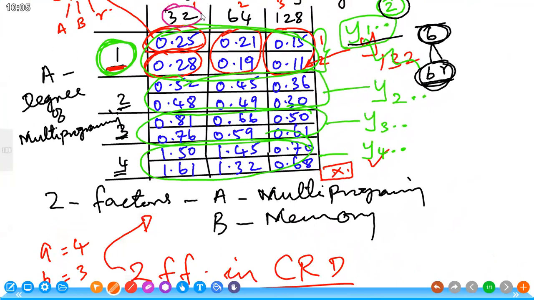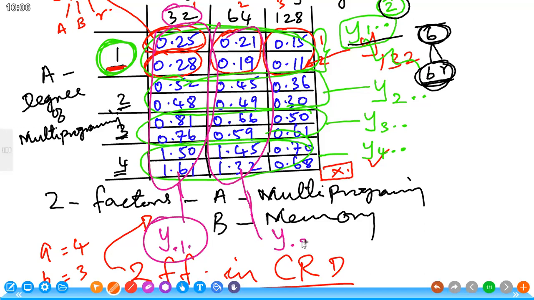First level of factor B is that. So we are adding across this. So this is actually y dot 1 dot. If you add this, how many digits are there? 8 digits, right? If you add that, it is y dot 2 dot. If you add this, y dot 3 dot. Is it clear to everyone?